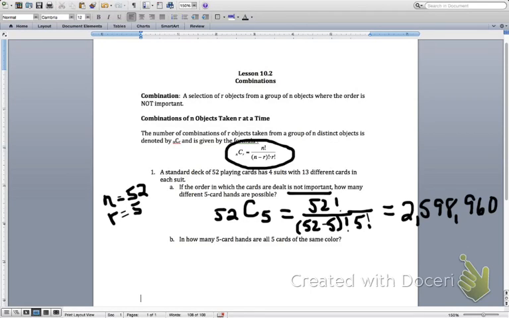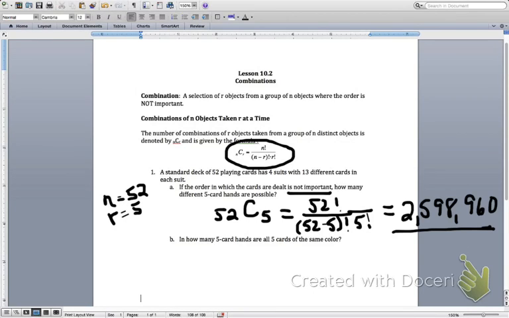Now in letter B it gets a little bit more difficult. This is kind of going to lead into what we are doing next, but we'll take a look at this one first. In how many 5-card hands are all 5 cards of the same color? In other words, out of these almost 2.6 million hands, how many of those are all red or all black?